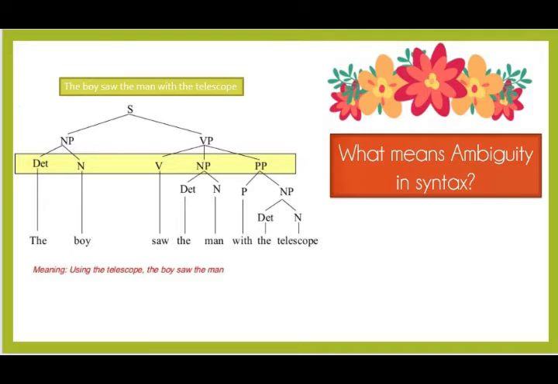The boy saw the man with the telescope. In this sentence, we have the noun phrase and verb phrase. In the noun phrase, I have a determiner, in this case "the", and a noun, "boy".